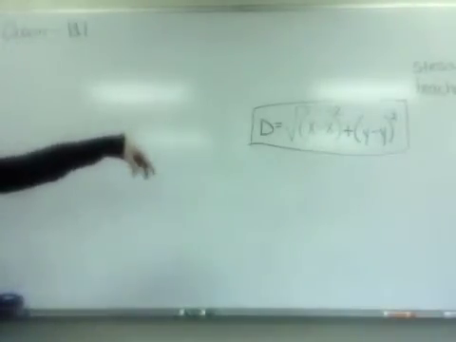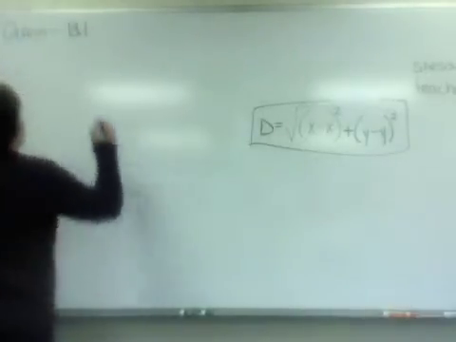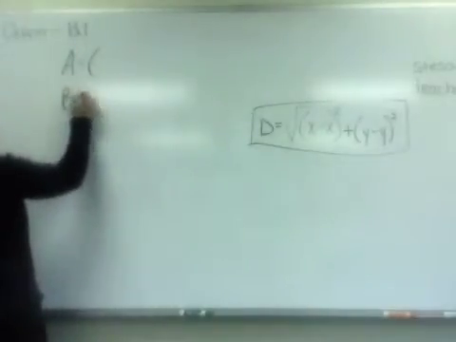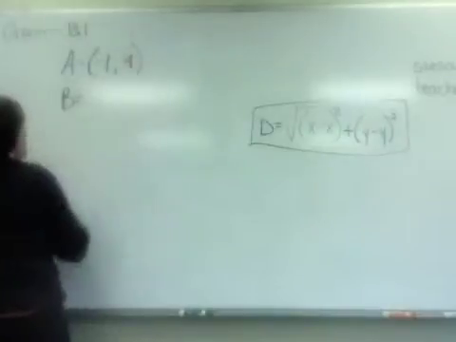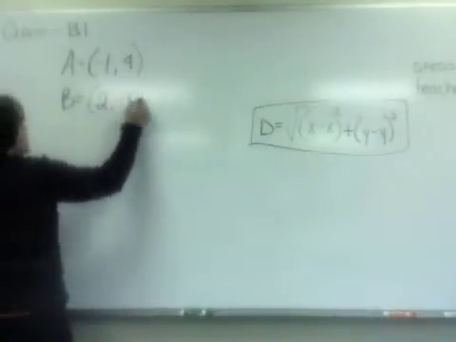Now, suppose I asked you to find the distance between these 2 points, point A and point B. If point A has the coordinates -1, 4, and point B has coordinates 2, -6.